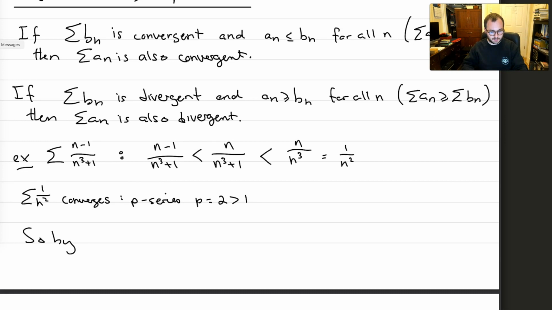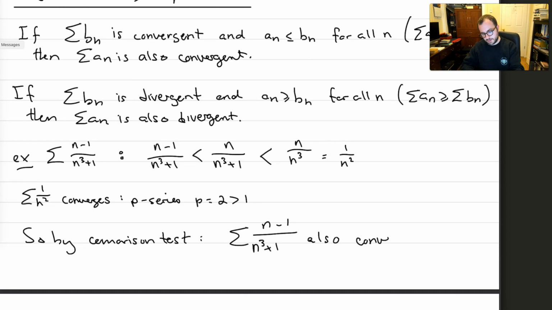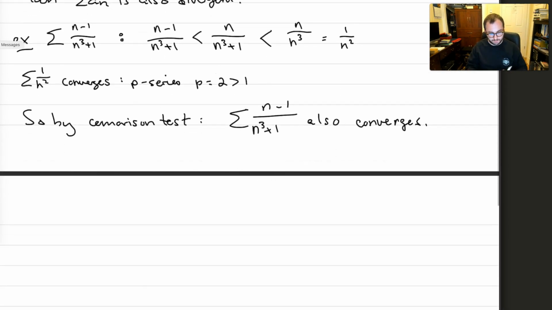So by the comparison theorem, or comparison test, n minus 1 over n cubed plus 1 also converges. All right, wonderful. Let's look at another example here. Let's look at one that diverges.